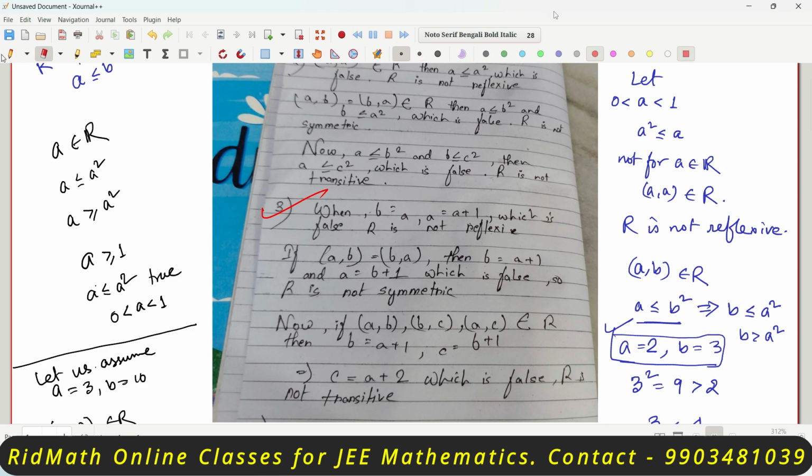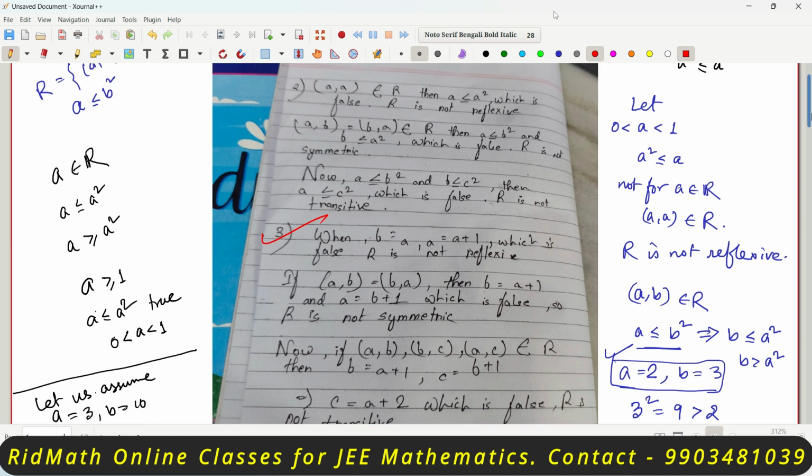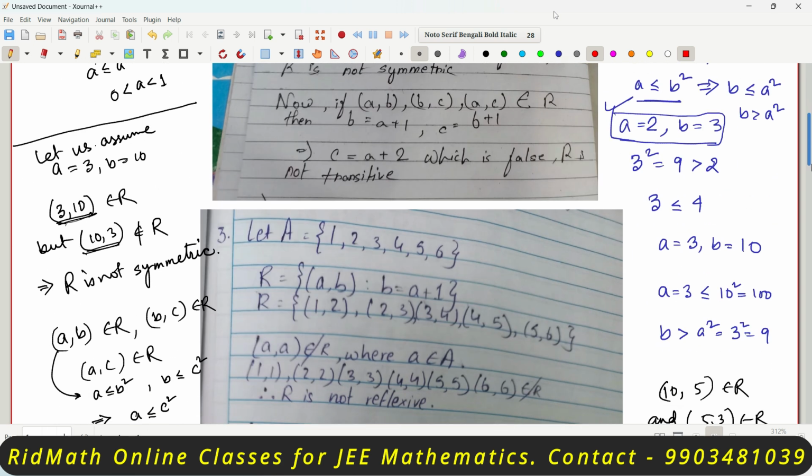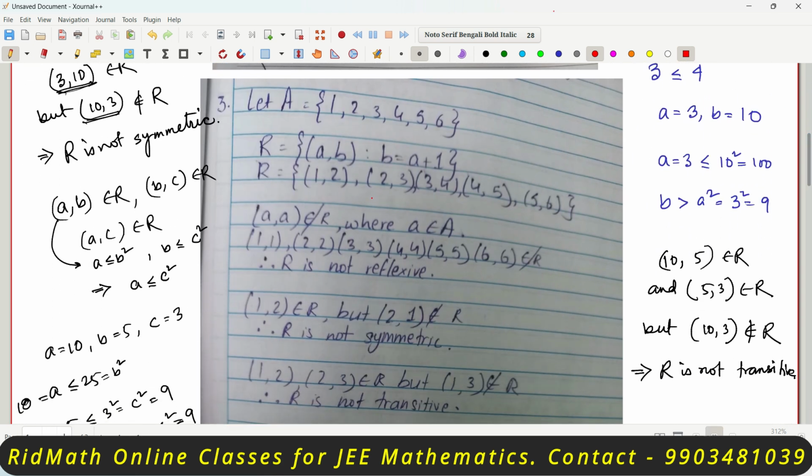You have said vague things here, like b equal to a plus 1, which is false. Not like this. You have to say something with mathematical logic. But Protiti has done nicely.